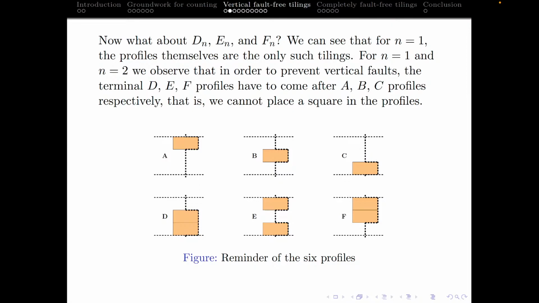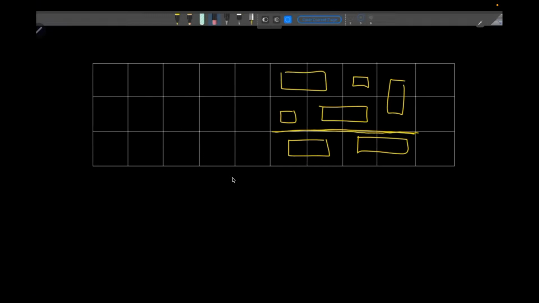For n equal to 2, we can basically impose a profile A behind the profile D, and that is because we have to prevent vertical faults. So what this exactly means is, suppose we have, I'll just illustrate with the profile D. So first up, let me just clean this up a bit.